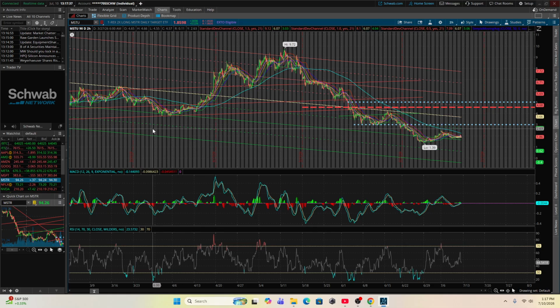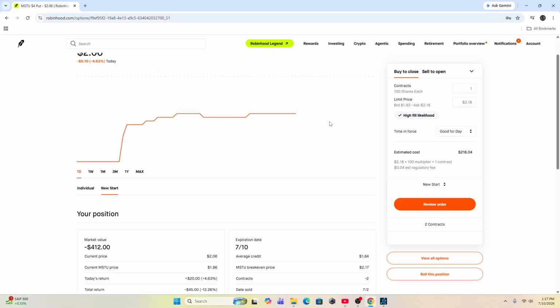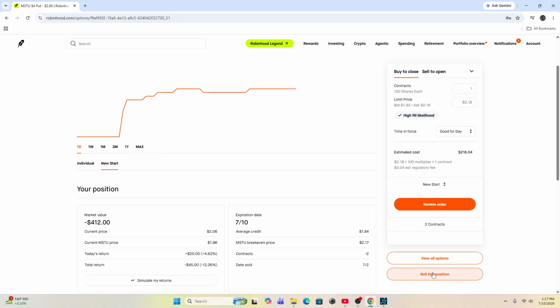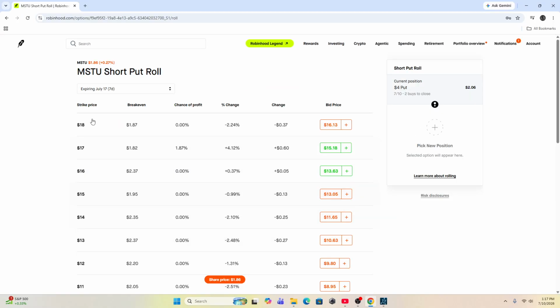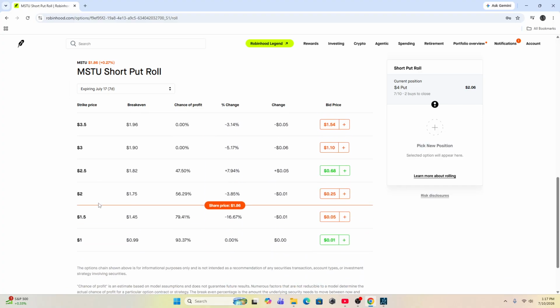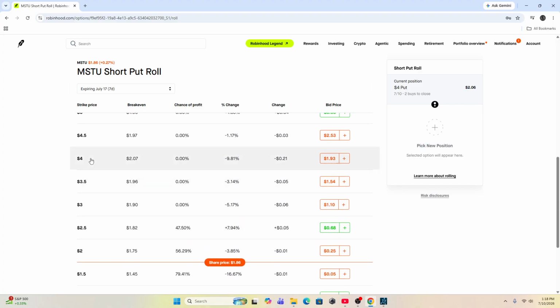So $4 minus $2 is $2, and then minus 14 cents gets us to $1.86. So we want to sell ours for $2.14. So when we go to roll this, I want to pick this one, and I want it to roll over to $2.14.